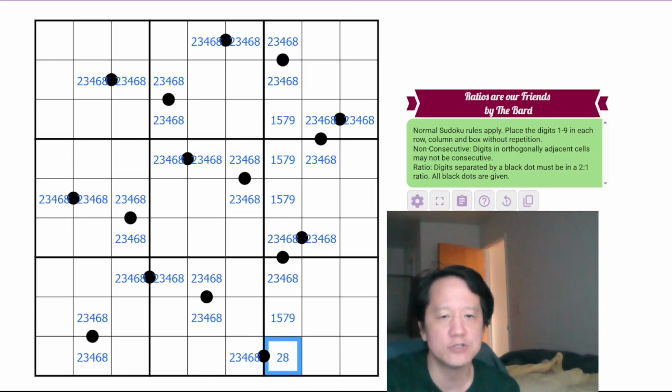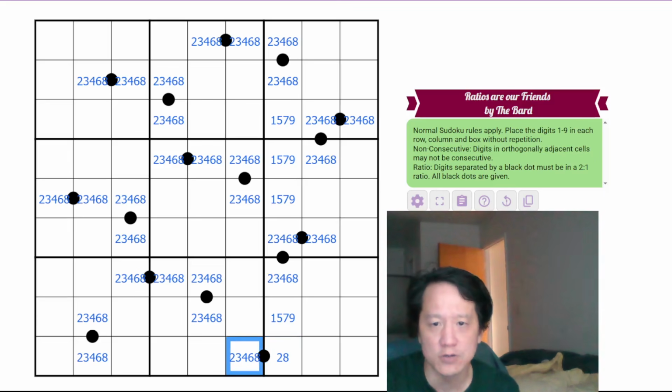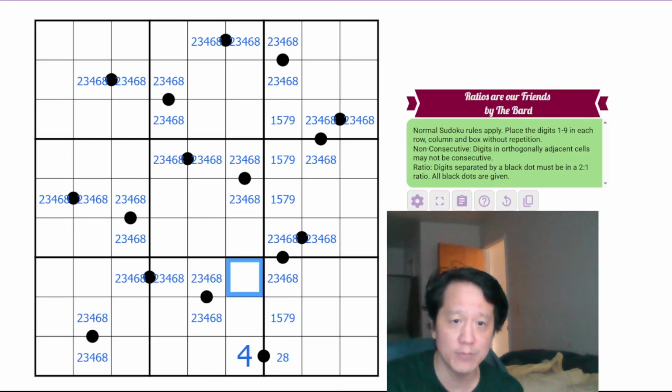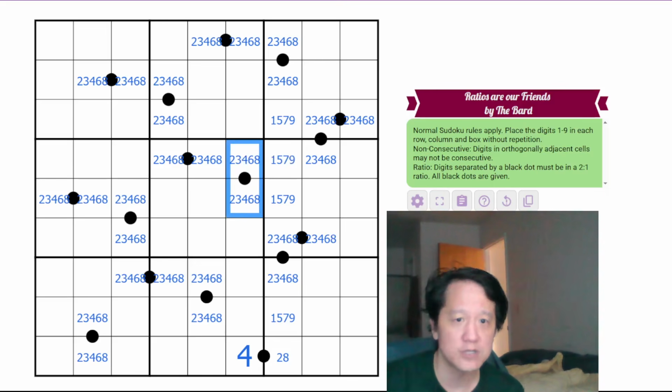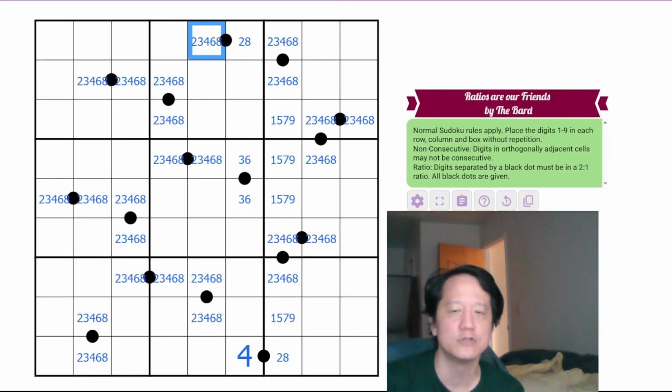So we know this is 2 or 8 here. And 2 or 8 is only in a 1-to-2 ratio with 4. So this has to be 3 and 6 as a 1-to-2 ratio. There's no 4 here, no 3 or 6 possible. It's 2 or 8, which is in a 1-to-2 ratio with 4 only.